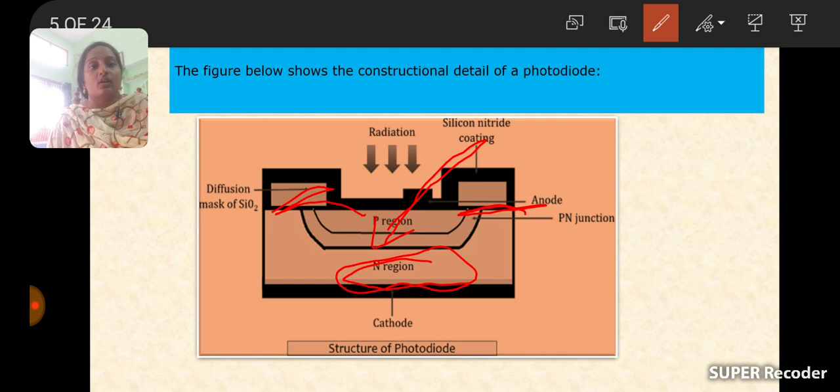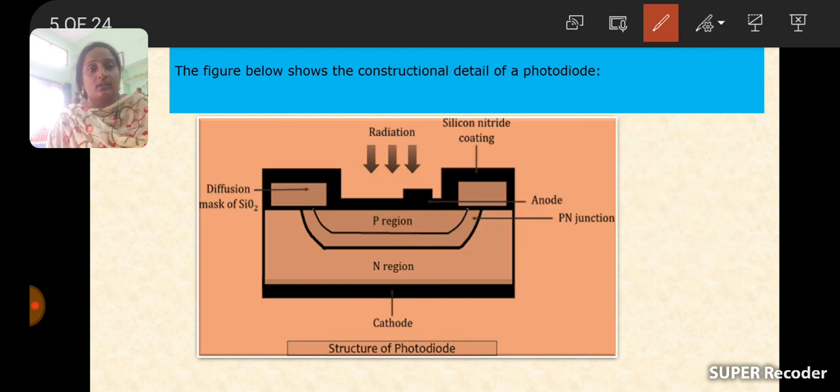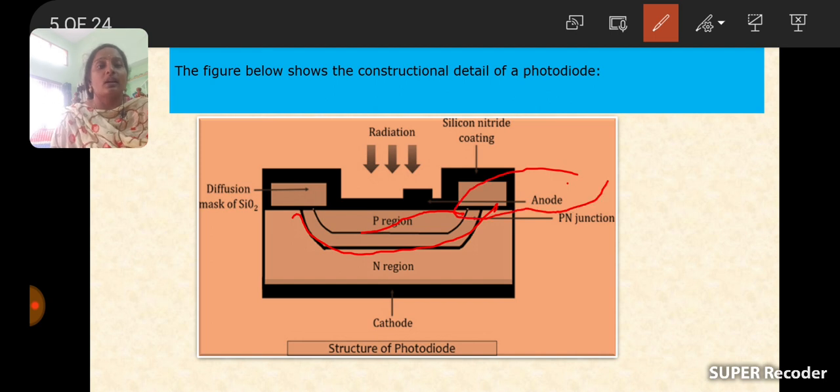One is called anode. Here it is the P region, that's why it is called anode, and the N region is called cathode. Is it clear? First you take one N-type semiconductor, then you diffuse a heavily doped P-type region.